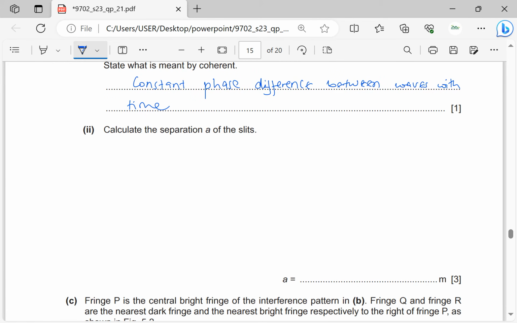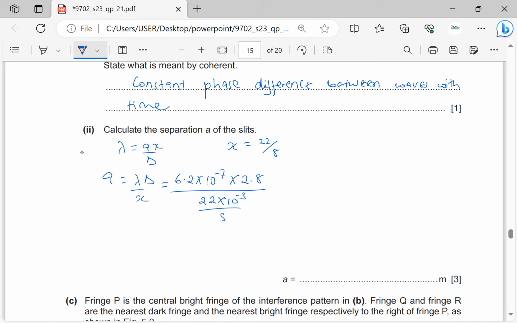Calculate the separation A of the slits. We now know that lambda is equal to AX divided by D. I want A, so A will be lambda D divided by X. I'll just substitute. The wavelength was given, I think it is 6.2 times 10 power minus 7. D we have seen it is 2.8, divided by X. Remember, we have seen that X is 22 divided by 8. Because it was given in millimeters, I will say 22 times 10 power minus 3 divided by 8.